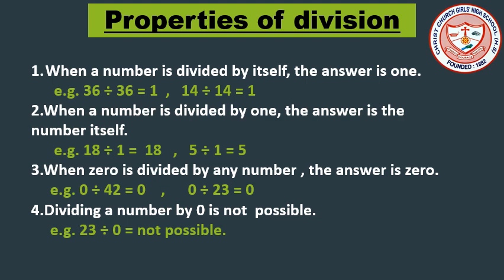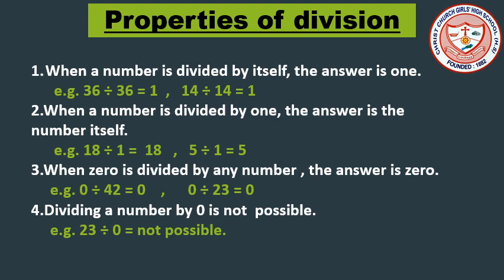Okay. Now, this is a very important point, girls. Please pay attention. When 0 is divided by any number, the answer is 0. For example, 0 divided by 42.